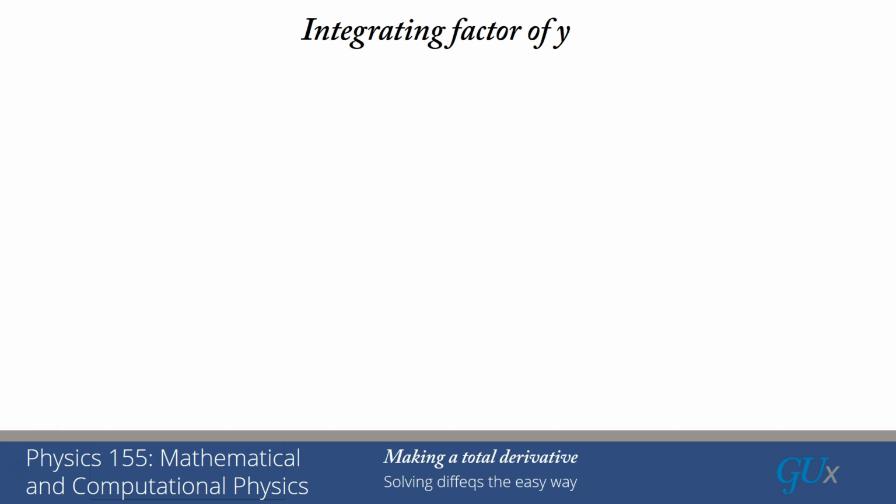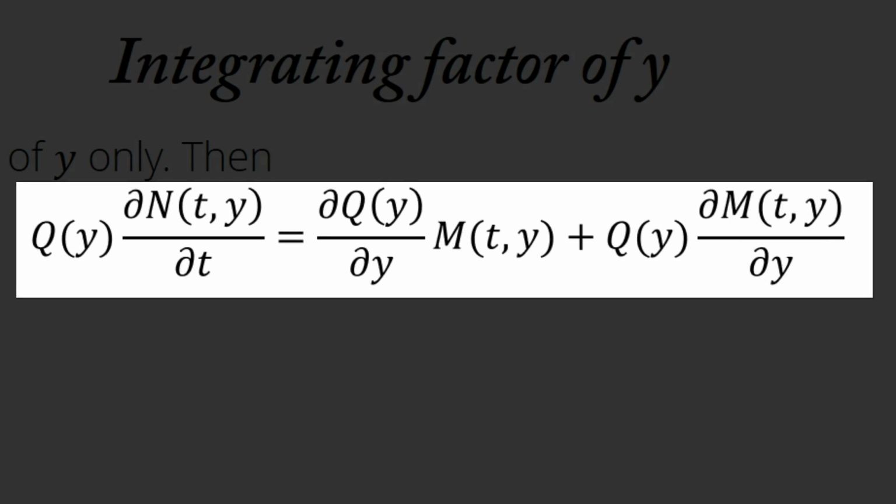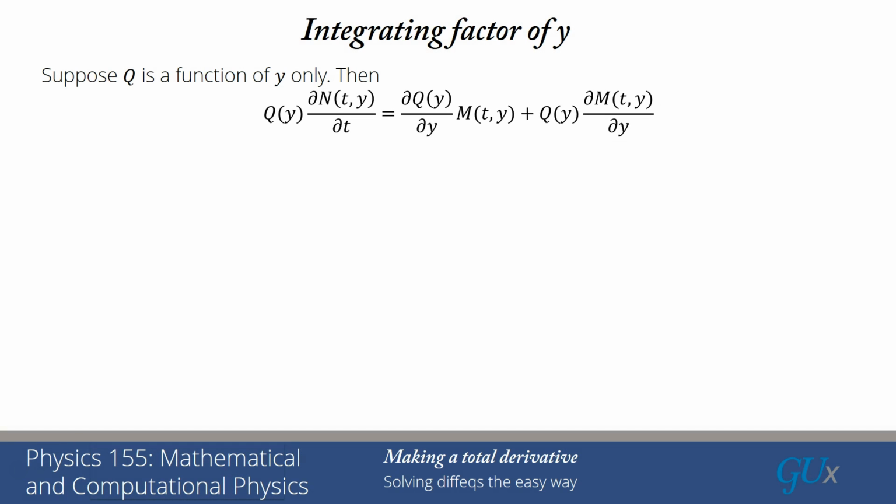Let's take a look at how we do it when it's a factor of y. So in this case, dq dt is equal to 0, and my equation becomes q of y dn dt plus dq dy times m plus q dm dy. I'm going to do the same thing. I'm going to gather all the dq dy terms, put them on the left-hand side, and I'm going to then have everything else, which is multiplying q of y, appear on the right-hand side.